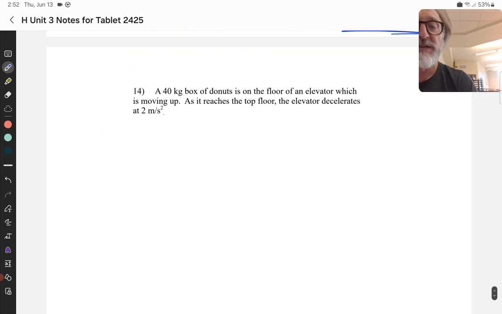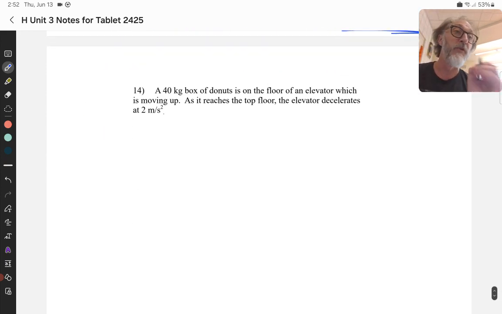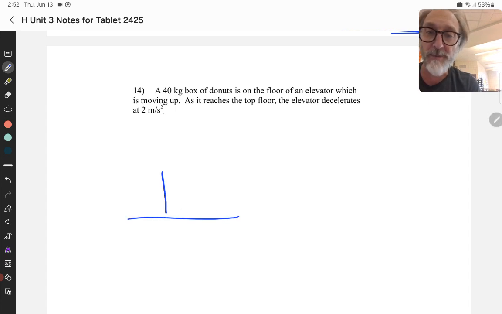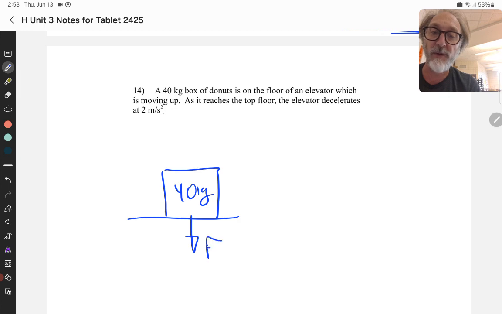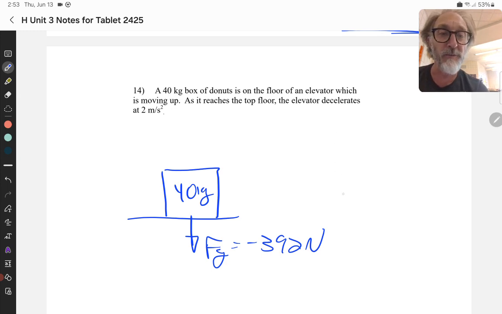So let's do this last example. Usually normal force sort of prevents an object from moving up or down. Watch this. Here we have a 40 kilogram box of donuts, so gravity is going to be pulling it down with 40 times 9.8, or 392 newtons. Now the elevator is moving up.